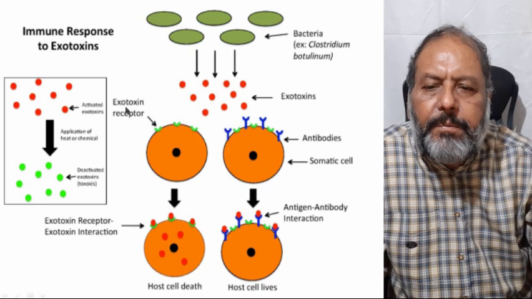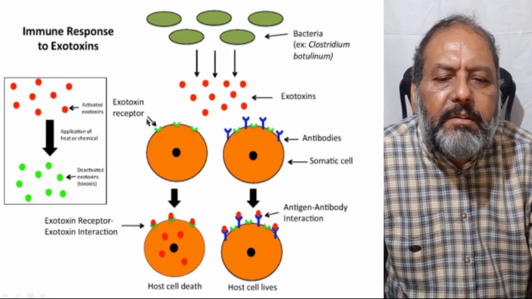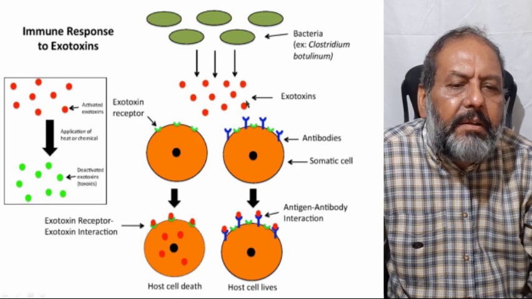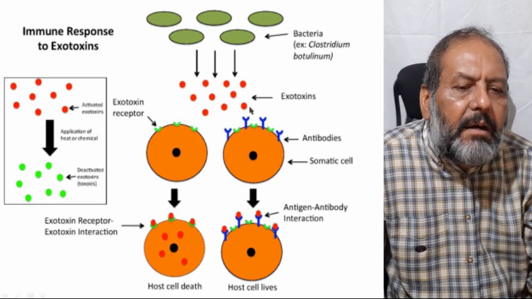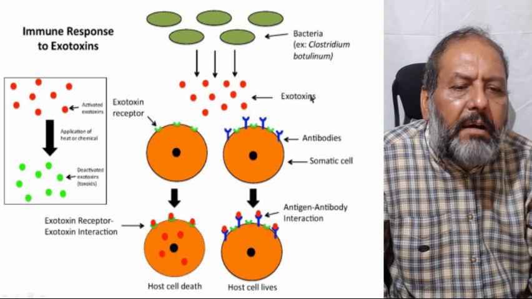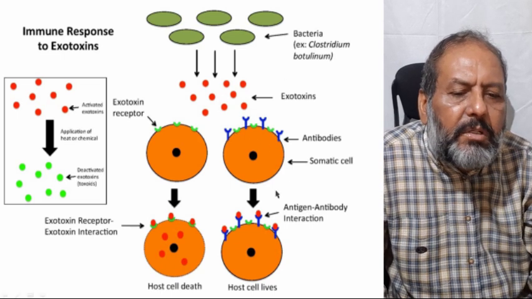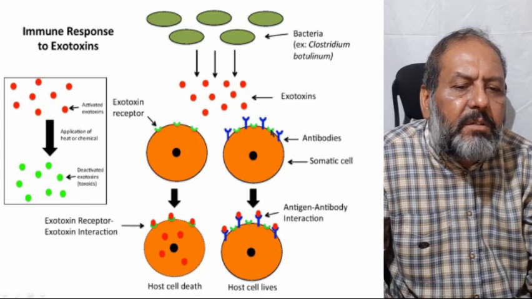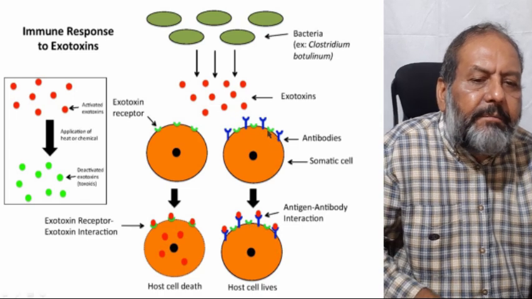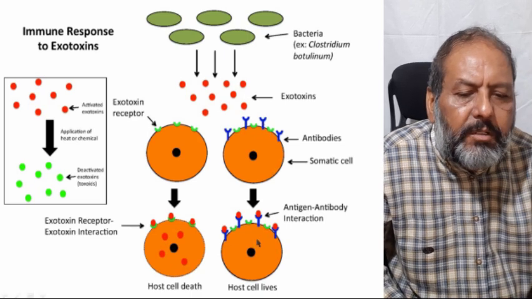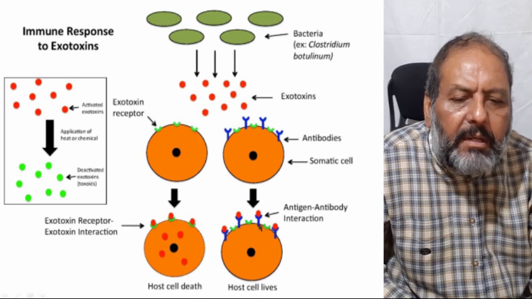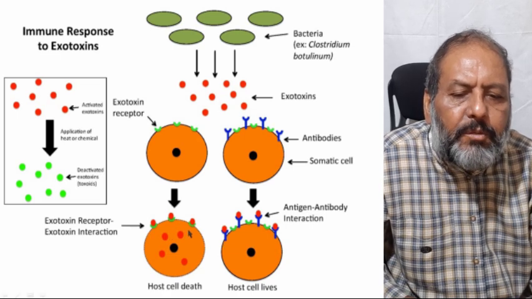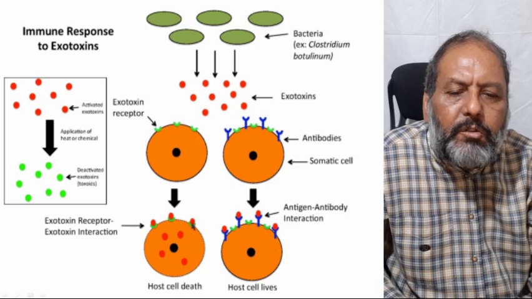Here one can see the exotoxin. These attach to the receptor and do not come in contact with the antibodies, and the receptors make holes and pores through which the host cell is invaded by the exotoxin.